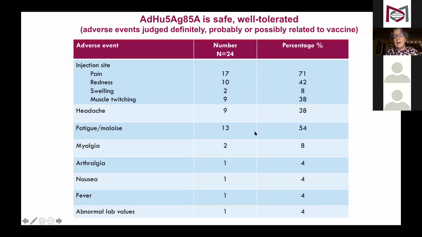And so it's important as we're recording these to make sure that we don't neglect any type of adverse events. And that's part of the very systematic way that we go about collecting adverse events or any adverse event that will occur. Arthralgias, nausea, fever. All of these, however, were judged either mild to moderate, and they all resolved within 24 hours. So we were quite confident that this was a safe and well-tolerated vaccine.